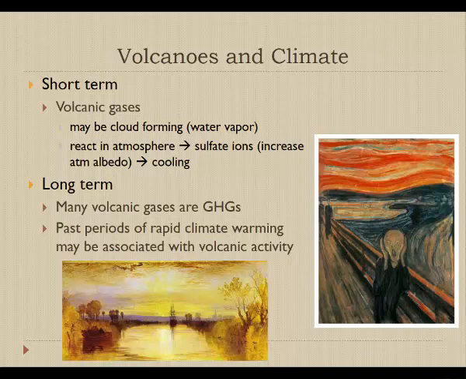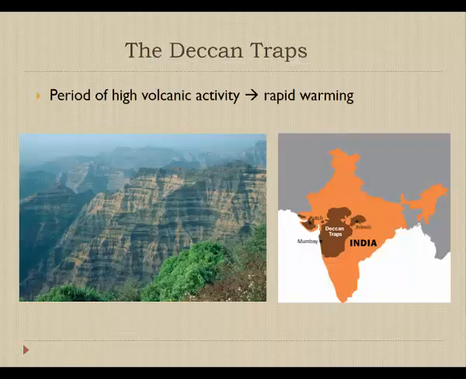as these gases trap heat. And so in particular, there's one period of time about 65 million years ago, or the time leading up to 65 million years ago, where we know there was a lot of volcanic activity. There's an area in India that's called the Deccan Traps, and there's a photograph of it on the left. You can see all these basalt layers that have built up from different lava flows that occurred during this time.